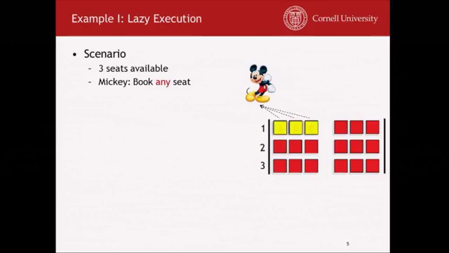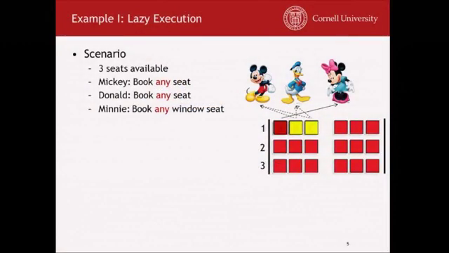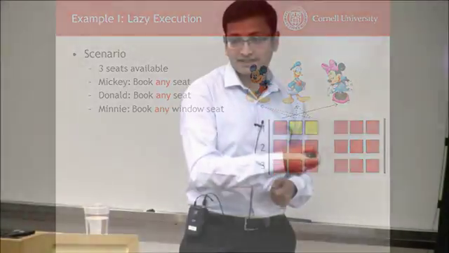Instead of assigning a single seat to Mickey, I'm going to commit Mickey's transaction, and I'm going to defer the assignment of seat to Mickey. Subsequently, I'm going to do the same for Donald's transaction. I'm going to ensure that Mickey and Donald both have some seat, but I'm not going to tell them which exact seat they have. Finally, when Minnie says that she wants a window seat, I can actually assign Minnie the window seat which was available, in this case, 1A.